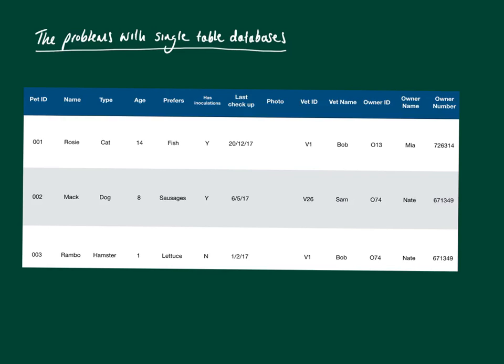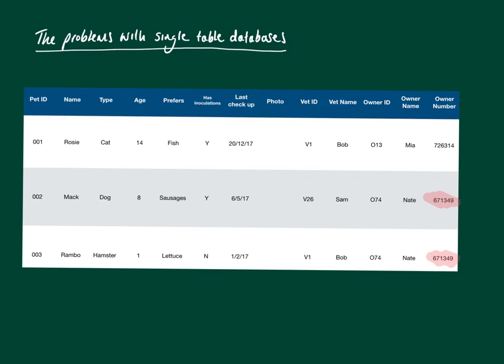So for example, if we decided that we were going to update Nate's telephone number, for example, from 671349 to 123456, we would have to update it in multiple records in order to keep the data integrity intact.